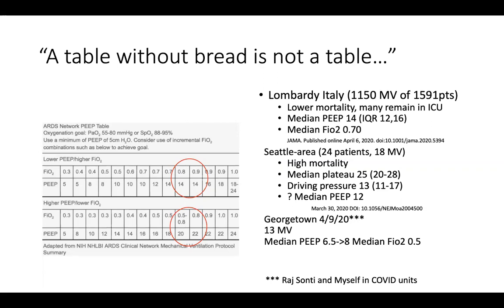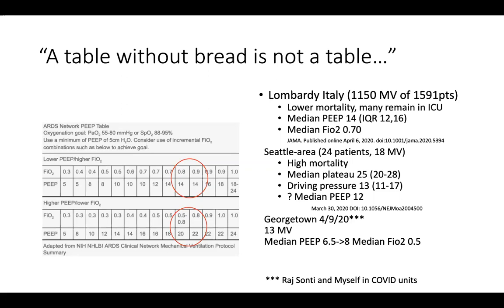So these are median PEEPs and FiO2s from the Lombardy region of Italy. You can see another recent quick report of initial ventilator settings in the Seattle area, where they did report a mortality north of 50%, and it shows similar, likely higher PEEPs.